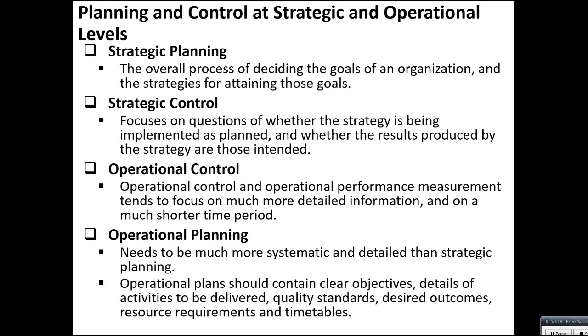Both of them report to the chief financial officer, and the chief financial officer should report to the chief executive officer, CEO, and the CEO will report to the board of directors of a company. So this is the hierarchy of your company, your organization.